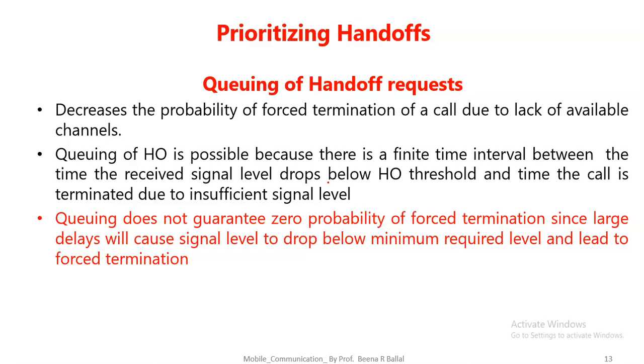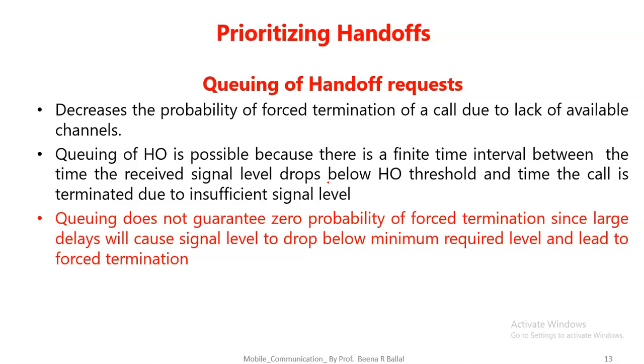Now, one thing you have to remember is that queuing does not guarantee zero probability of forced termination. So the second method doesn't guarantee zero probability of forced termination. Why? Because large delays will cause the signal level to drop below the minimum required level, and then it may lead to forced termination.